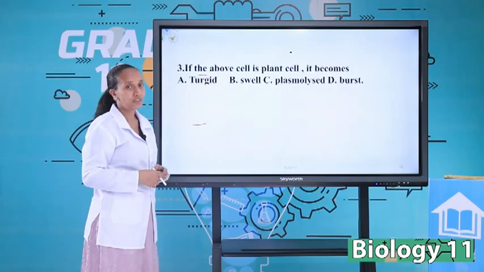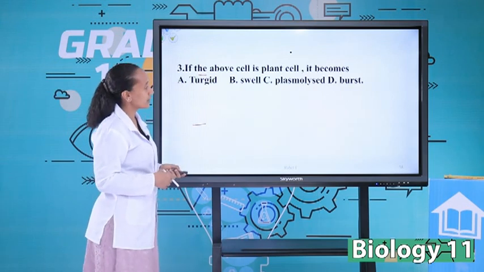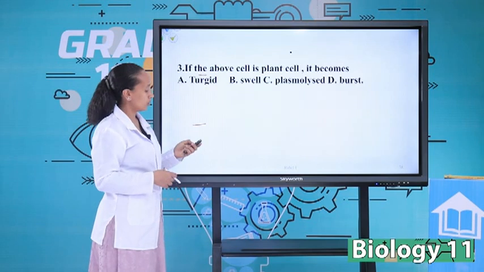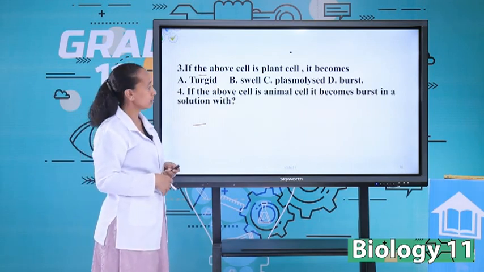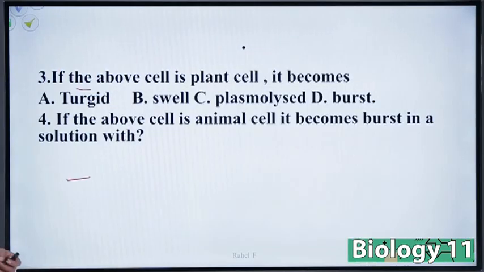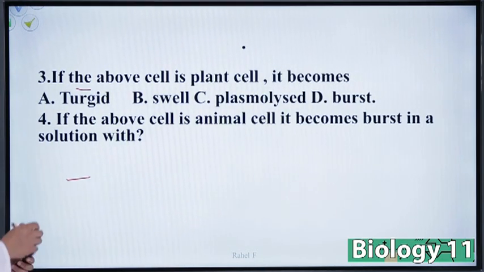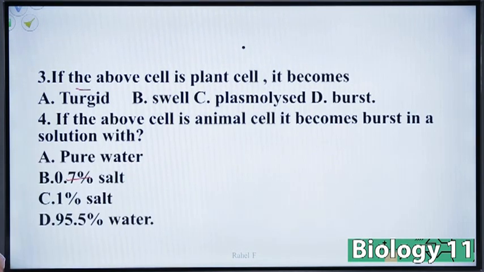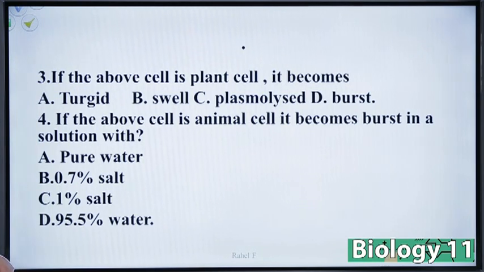Okay, I hope you have done this question correctly. If you answered the cell becomes plasmolyzed, that will be the correct answer. Let's move on to the third question. If the above cell again is an animal cell, it bursts in a solution with what? You have been given four choices, so you can answer your question.